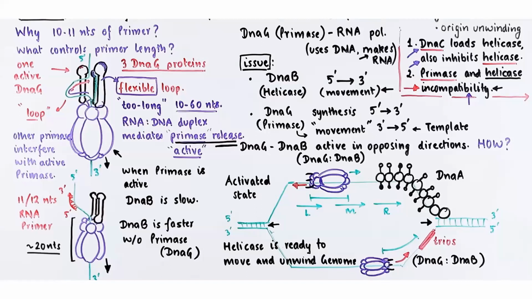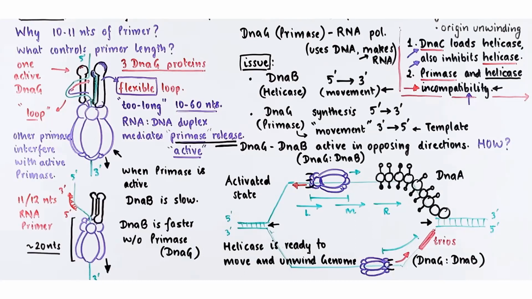And this active DnaG has a loop that comes out between the primase and helicase. So one control of primer length comes from the fact that the flexible loop cannot get too long. If it does, then the loop and the corresponding RNA duplex will be destabilized, and the active primase is released.